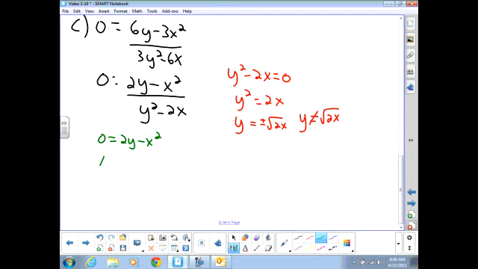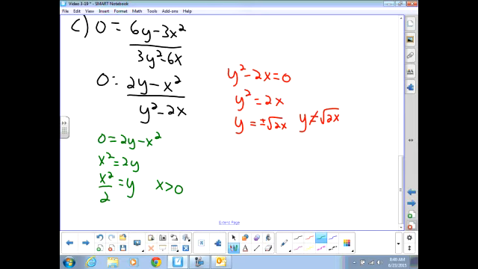We'll add the x squared over, and we'll divide by 2. And we have that y is equal to x squared over 2. Now the algebra here is going to be a little bit tricky. Keep in mind throughout this, x is always going to be greater than 0 because we're just looking in the first quadrant. We just want our x's and y's to be positive.